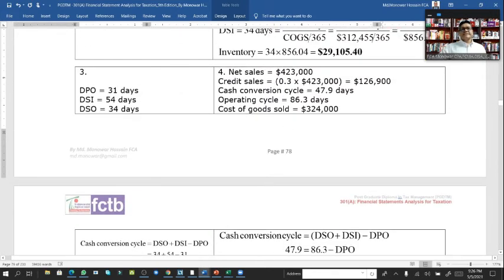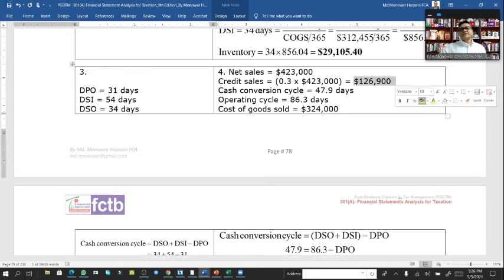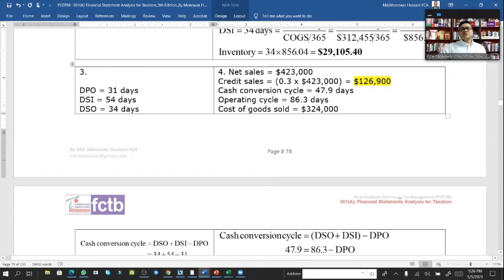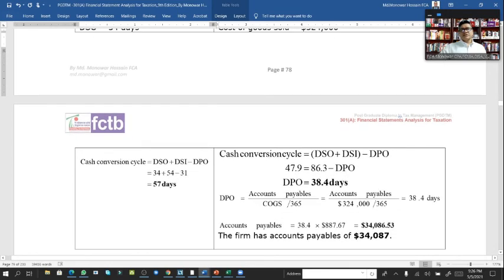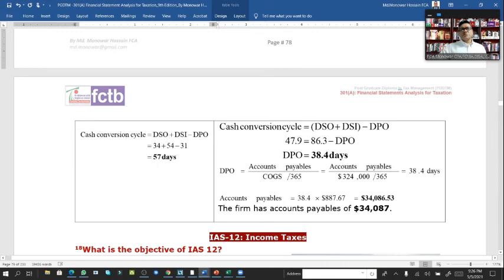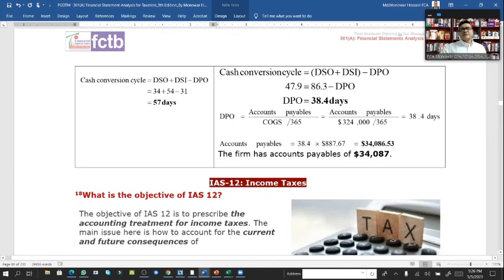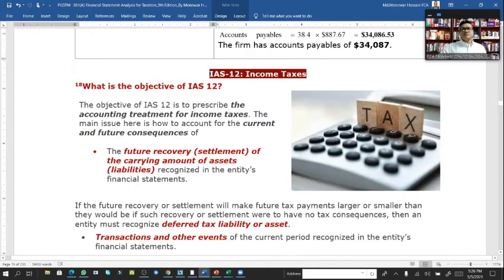Look here, net sale this one 4,23,000. Credit sale is 30%, that means 1,26,900. Cash conversion cycle as given in the question 47.9 days. Operating cycle 86.3 days, and cost of goods sold 3,24,000. So just putting data in here, we'll get the firm's accounts payable is 34,087.